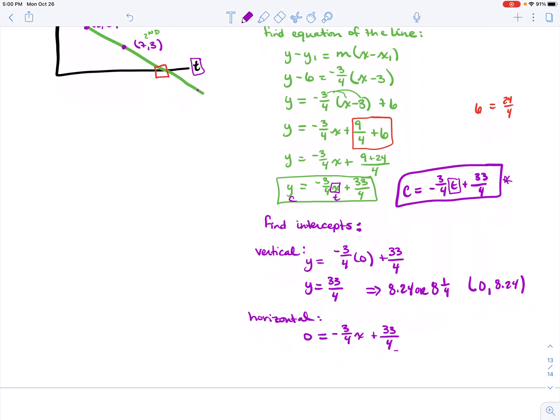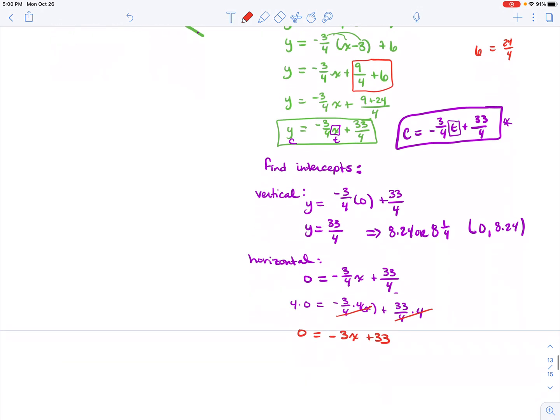I'm going to multiply everything across times 4 so I can get rid of my 4's in the denominator. 4 times 0 equals minus 3/4 times 4x plus 33 over 4 times 4. So now I can actually cross out my 4's. So that leaves me with 0 equals minus 3x plus 33.